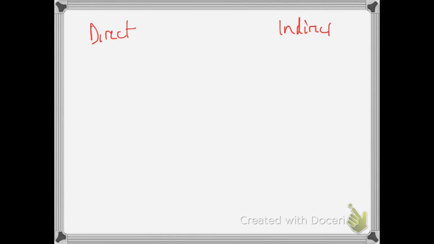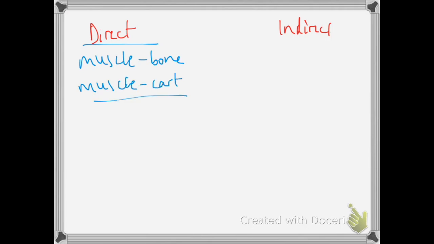A direct muscle attachment is muscle straight to bone, so no tendon connecting muscle to bone, or muscle to cartilage. You see this muscle to cartilage in the ribs. I don't know where you see muscle to bone, but that's what it is. It doesn't use these indirect connective tissue attachments.